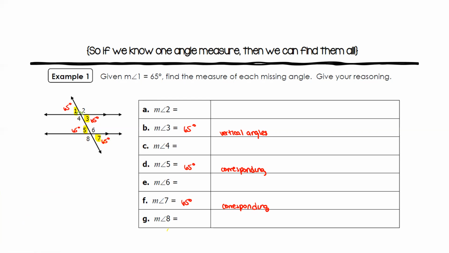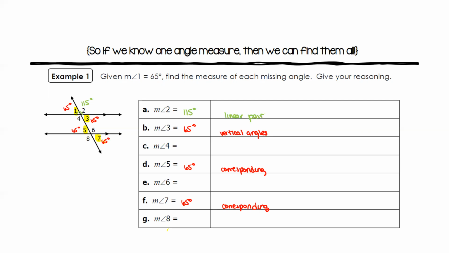So if the measurement of angle 1 is 65 degrees, the measurement of angle 2 should be 180 minus 65, which is 115 degrees. And how do I know? Because 115 degrees plus 65 should add up to 180. So the measurement of angle 2 is 115 degrees because they are a linear pair as well.